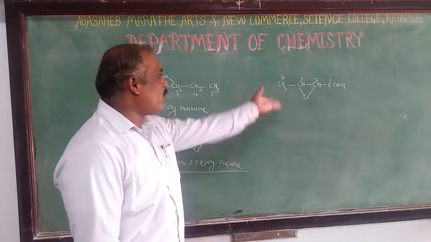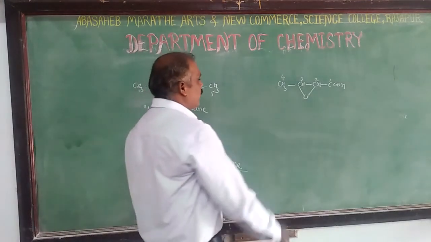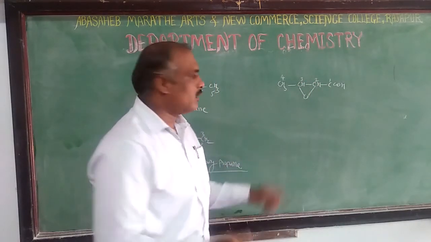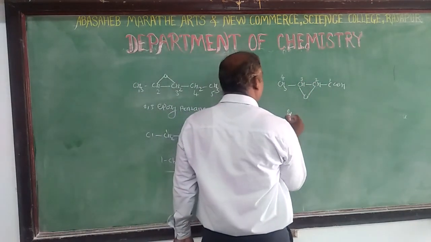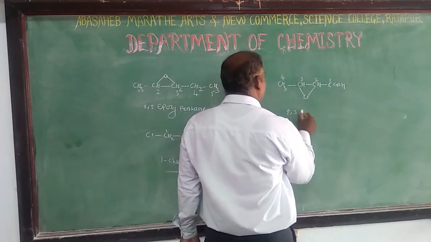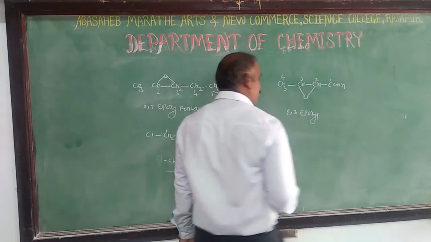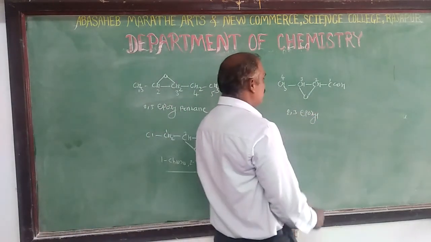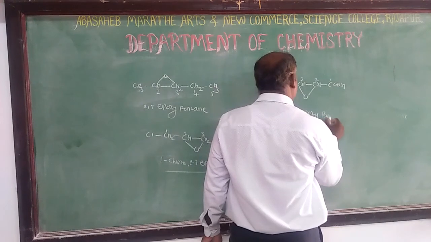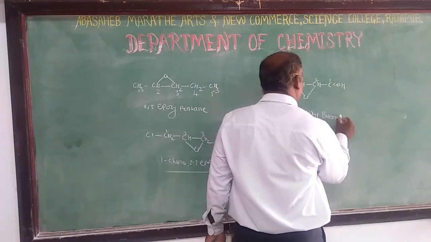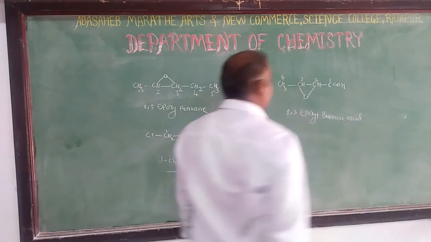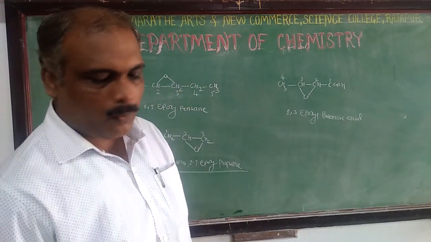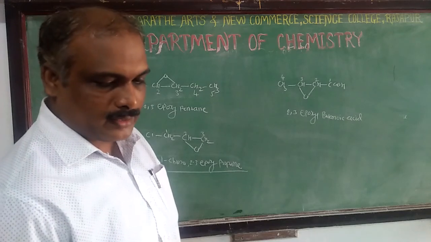Therefore, in the IUPAC nomenclature of such molecules, positions 2 and 3 have the epoxide ring, so 2,3-epoxy, and then write the name of the parent alkane, 4 carbons, so butanoic acid. 2,3-epoxybutanoic acid.